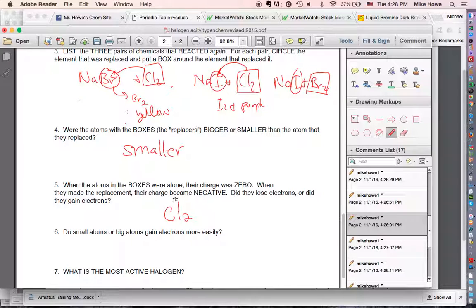That's Cl2 right here, and its charge is 0. But when it reacted, the product of this reaction I didn't write down is actually NaCl. And in NaCl, the chlorine has a -1 charge. So it became negative. So what happens when you gain electrons? You become negative. So they must have gained electrons.